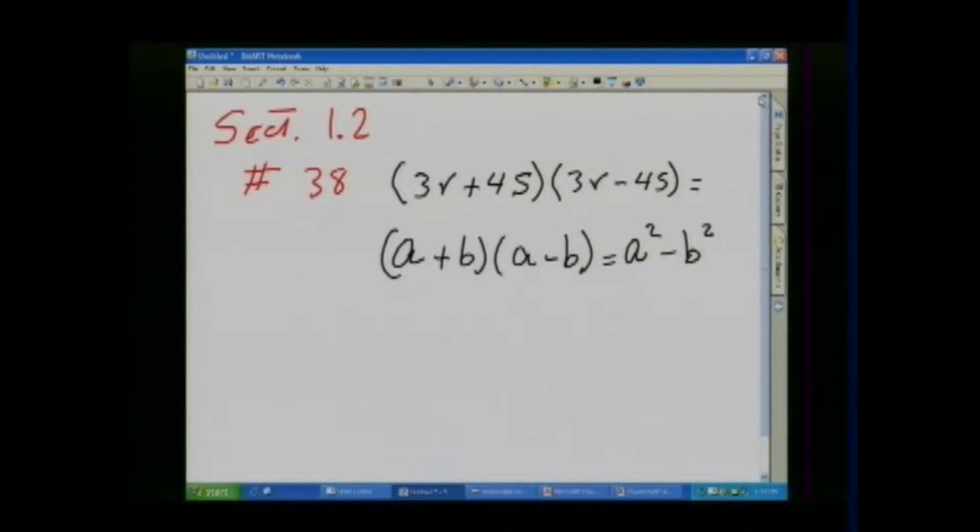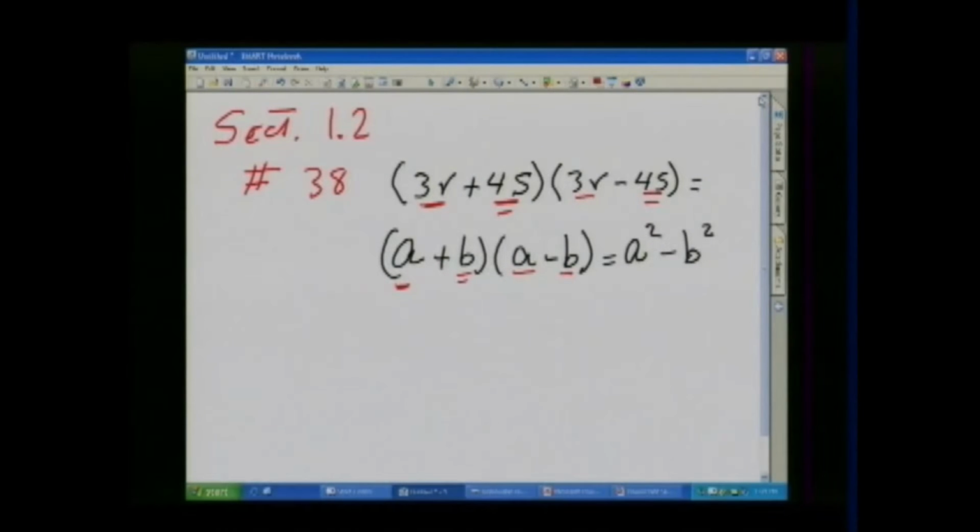Now, if you apply this logic, you would say this 3r is the same as a, 4s is the same as b. So 3r, a; 4s, b.